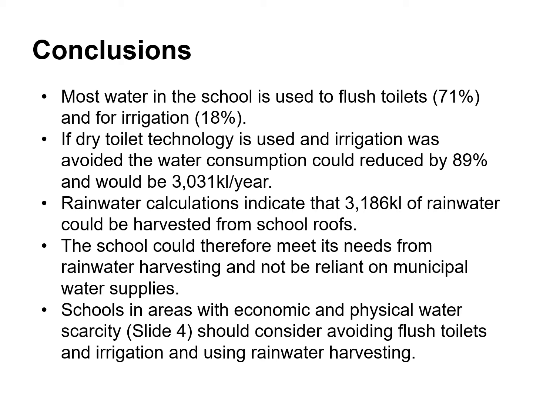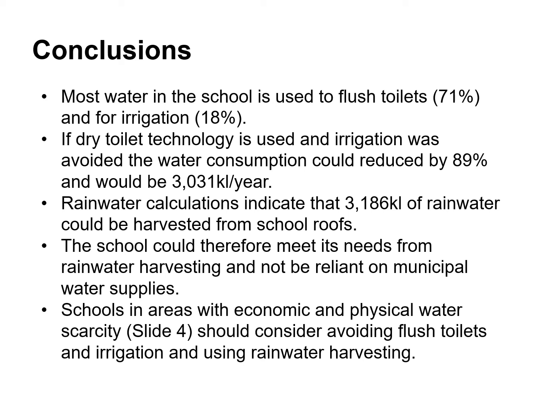So what's important here is to just think back to the slides right at the beginning, where we showed the picture of Africa with economic and physical water scarcity. And it's clear that consideration of using rainwater harvesting in areas of economic water scarcity may make a lot of sense.